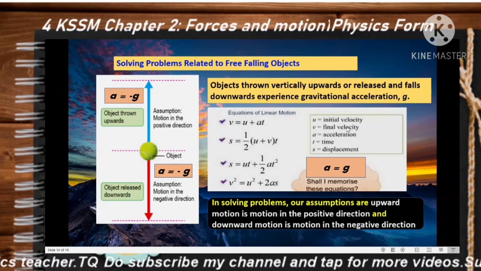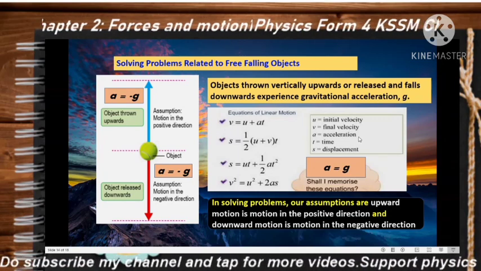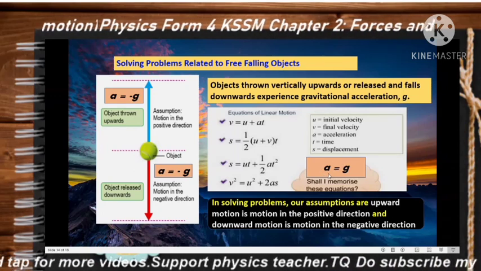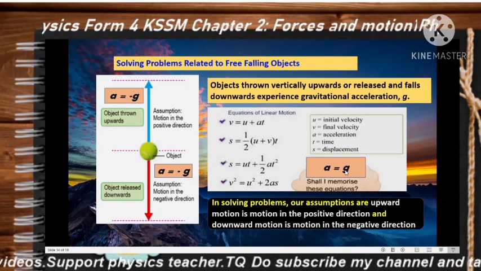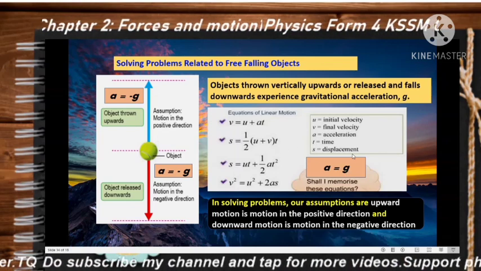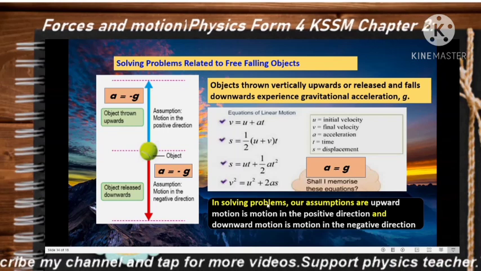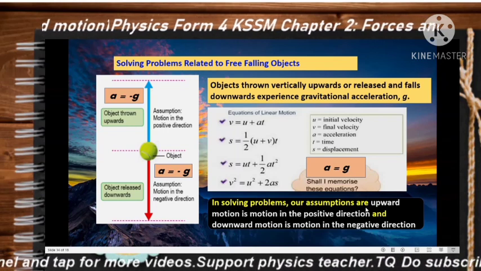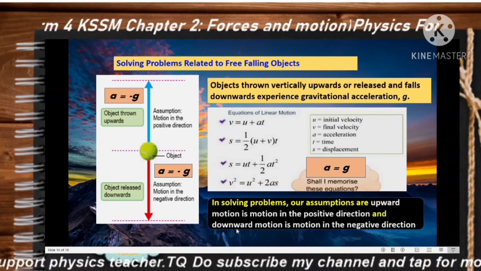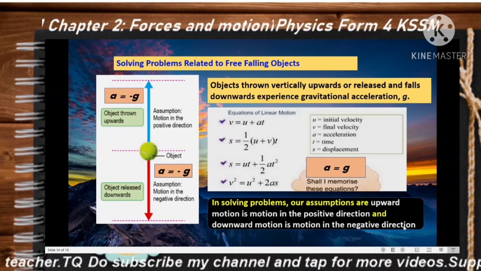In this case, a, acceleration, is called acceleration due to gravity, or we just take a equals g. Then t is time taken, s is displacement. So in solving problems, our assumptions are upward motion is motion in the positive direction and downward is the negative direction.